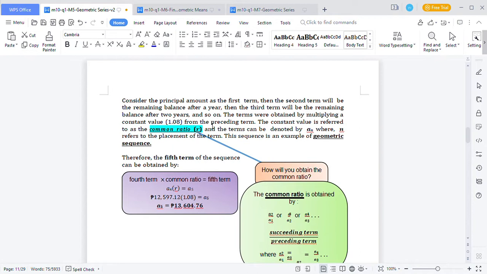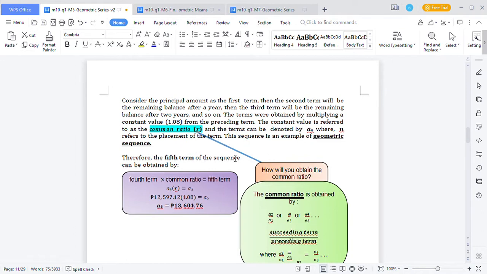And we denote the common ratio as R. So instead of using the words common ratio, we will just use the variable R. And the terms can be denoted by A sub n, where n refers to the placement of the term.